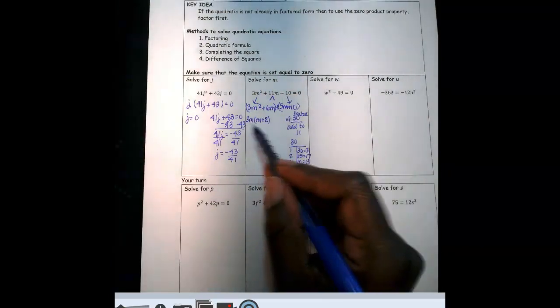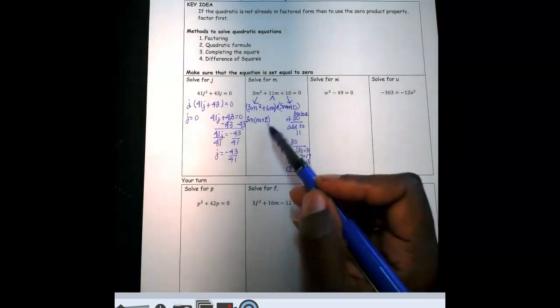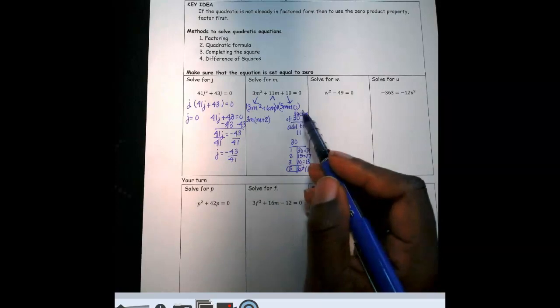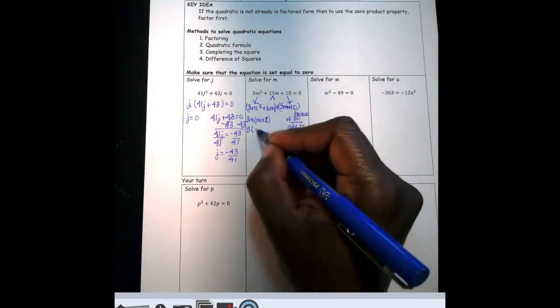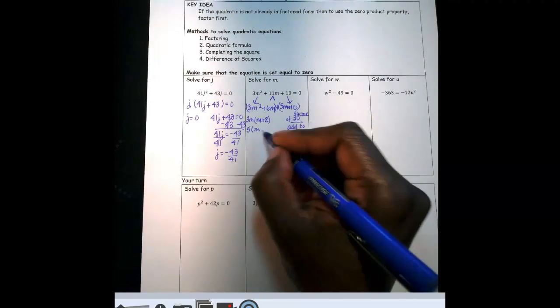And you can check it. 3m times m gives you 3m squared. 3m times 2 gives you 6m. And because I'm running out of room, I'm going to take this one and put it on the next line. So 5m plus 10, they have a 5 in common, and 5 goes into 5m, m times. 5 goes into 10, 2 times.